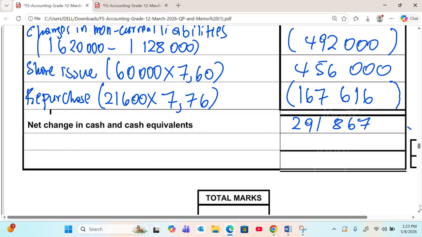So under net change in cash and cash equivalent, we record firstly cash and cash equivalents. I'll just write C and C equivalents to save space, guys, but always on your side you write in full. Cash and cash equivalents, the opening balance or balance at the beginning of the year.